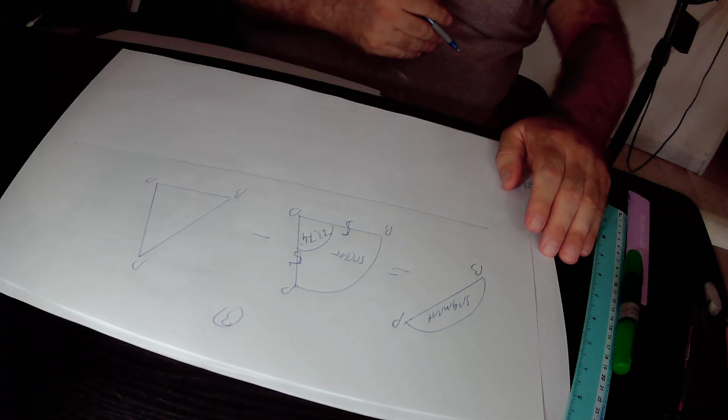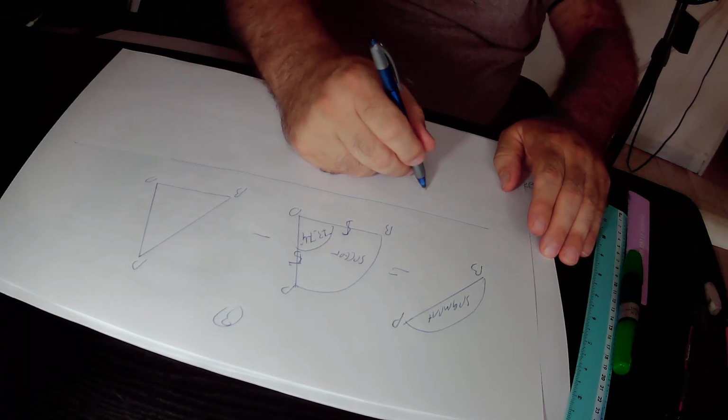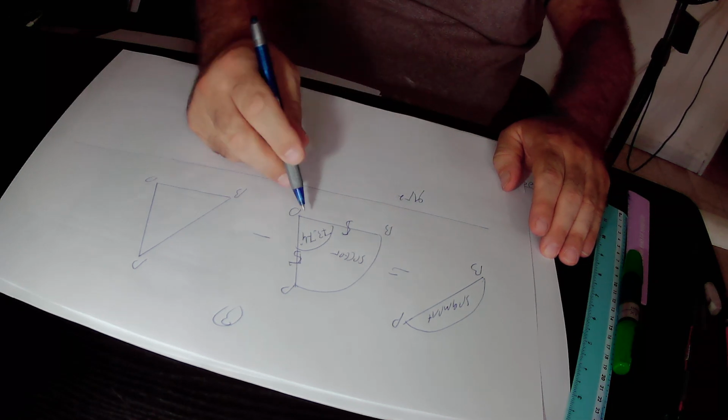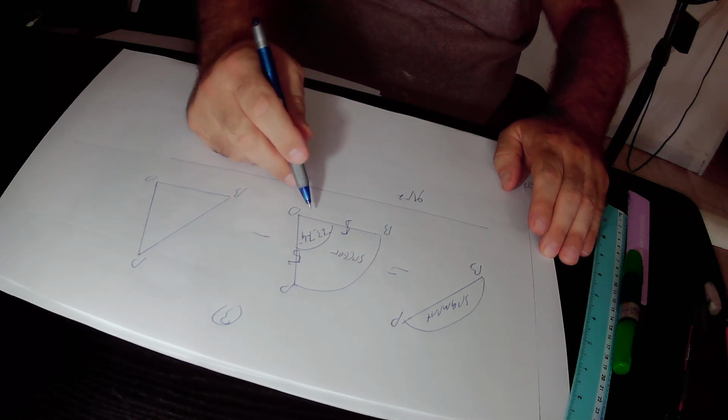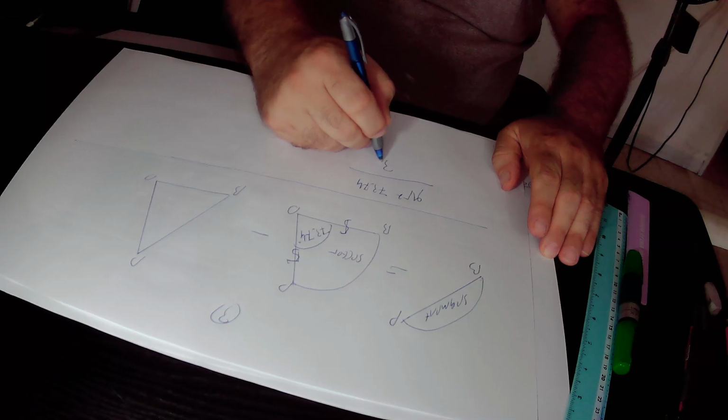So the area of this sector BOP equals pi r squared, the area of the circle that contains the sector, times the angle between the legs of the sector, 73.74 degrees, over 360 degrees.